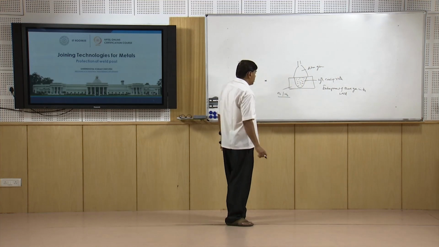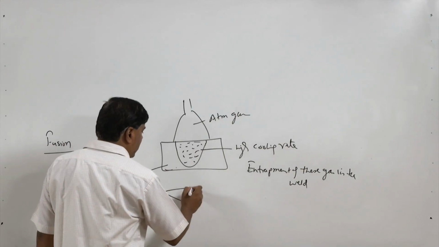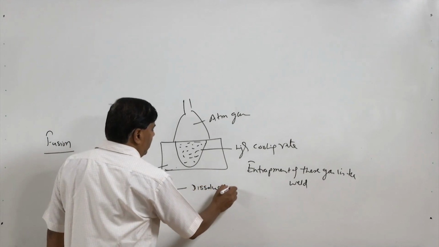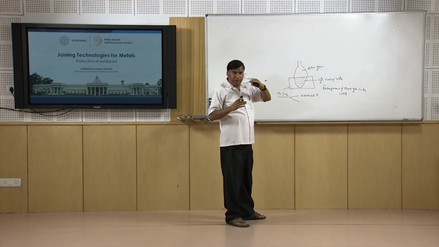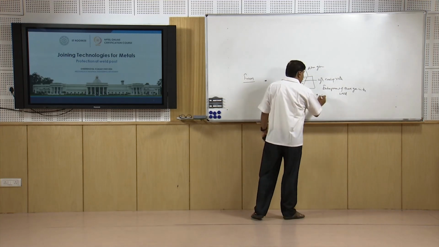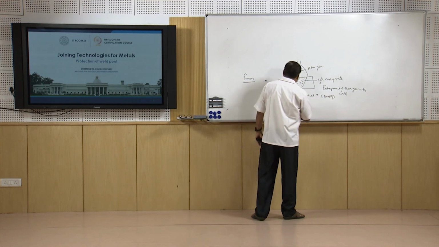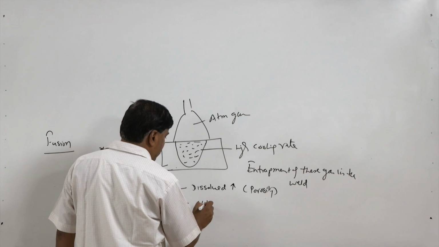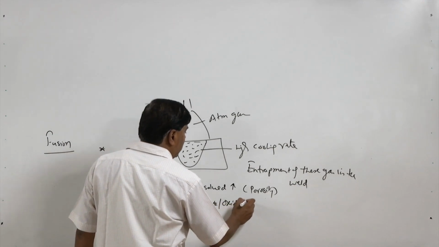These gases must be taken care of, otherwise they can react in two ways, like I have said. The dissolved gases will tend to come out. If they are not able to come out up to the surface of the pool, then they will be present as porosity, or if they react with the metal, then they will form the oxides and nitrides, which will be there as inclusions.